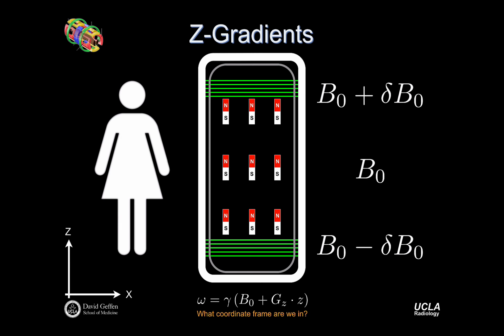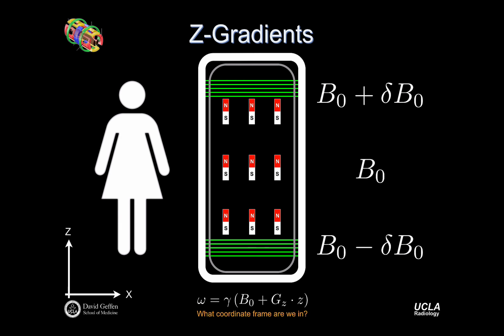So what's that going to do to our spin system? Mathematically, we can see it for the first time on the bottom here. The Larmor frequency depends on gamma, of course, and on B0, of course, but also on this additional magnetic field that we're applying. The additional field in this case is the gradient strength GZ times the position, so how far away you are. What is my Larmor frequency at isocenter? Isocenter just means Z equals 0, so you get back to the condition of simply having the B0 field.